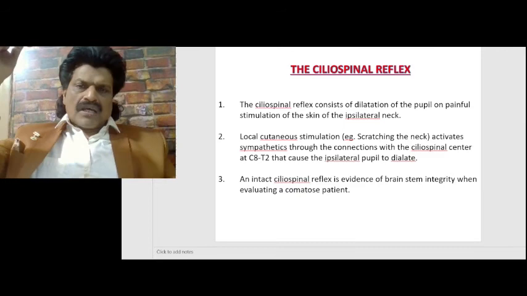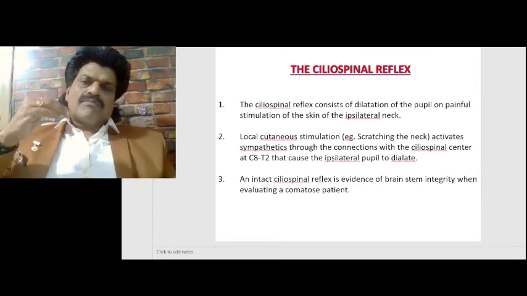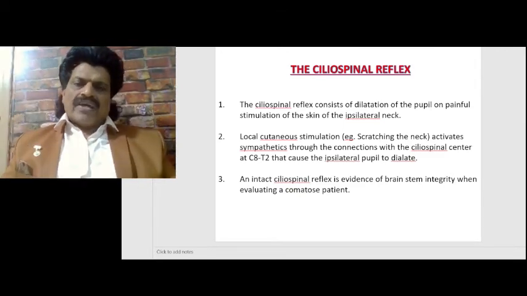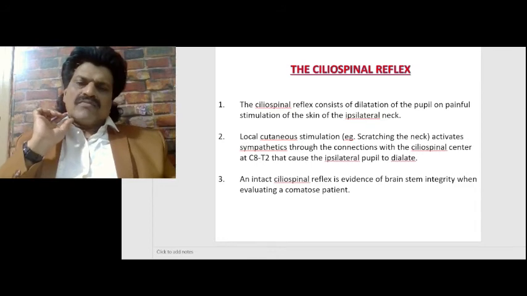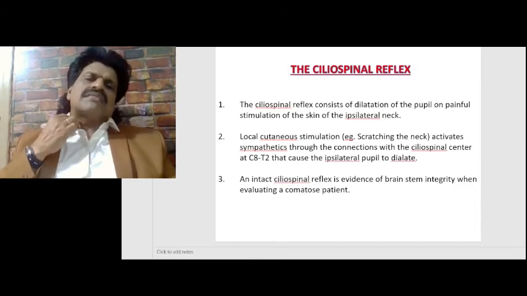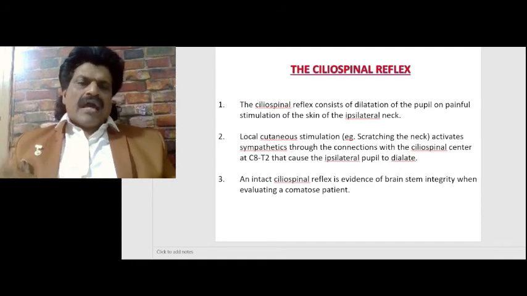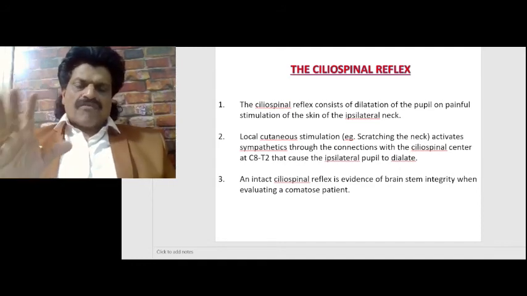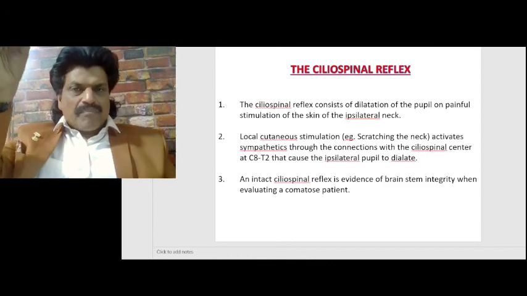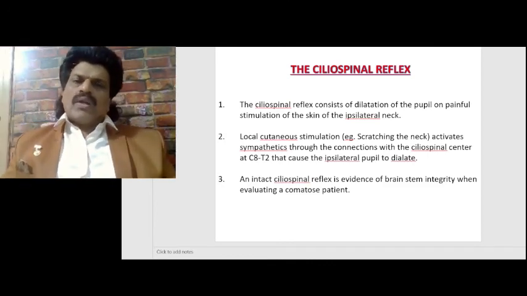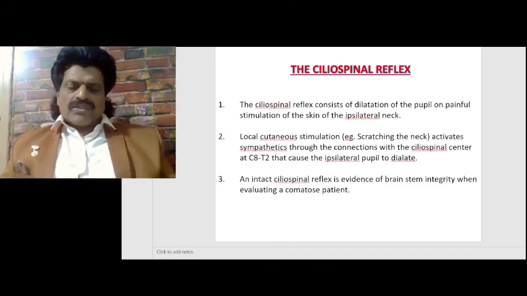So when there is a local cutaneous stimulus, for example scratching the neck, it activates the sympathetics through the connection with the ciliospinal center at C8-T2, which causes the ipsilateral pupil to dilate. Therefore an intact ciliospinal reflex is evidence of brainstem integrity when evaluating a comatose patient. So these are all the important concepts of the accommodation reflex and the ciliospinal reflex.